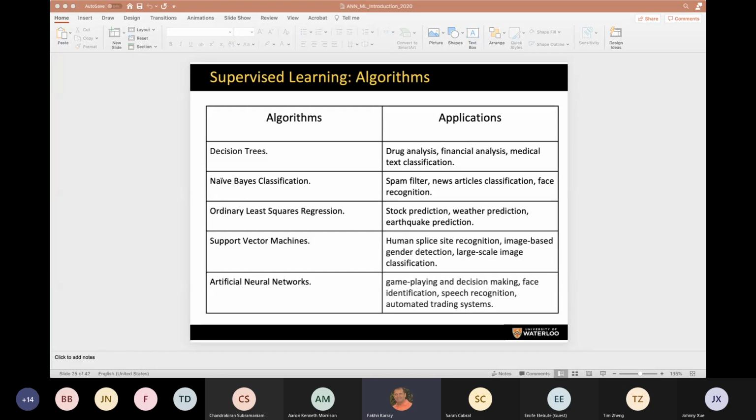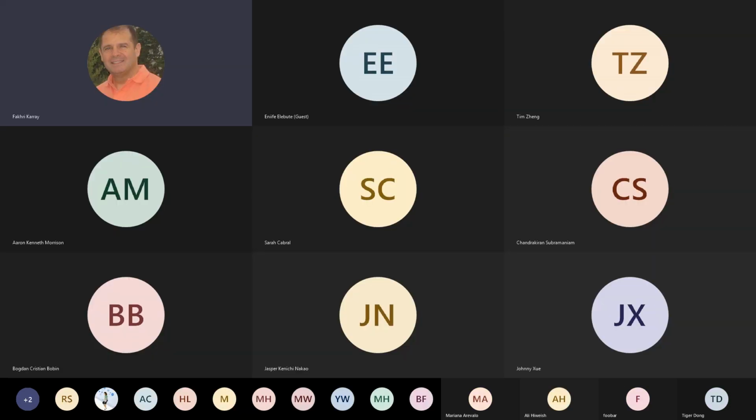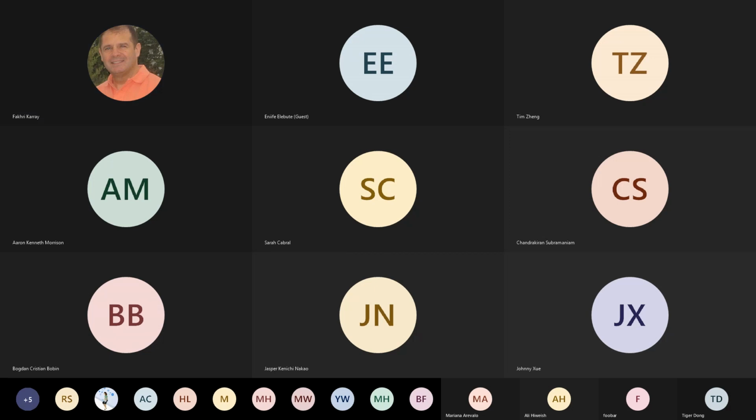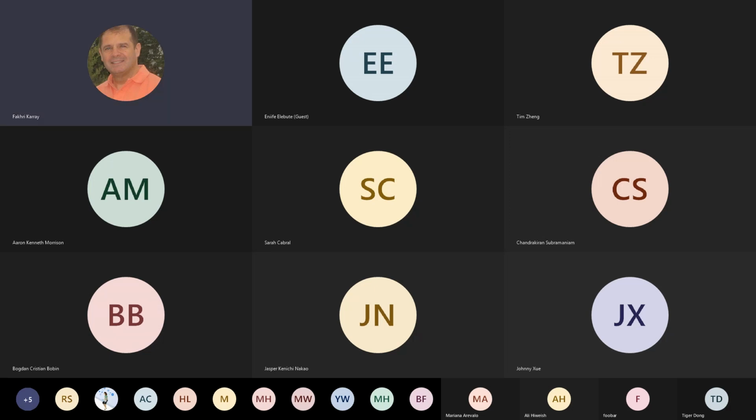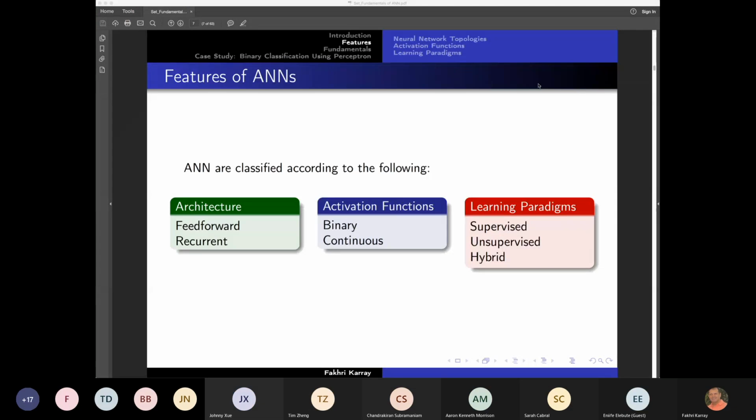So let me go back now to the lecture that we started last time. This is what we discussed last time in the form of features of artificial neural network.